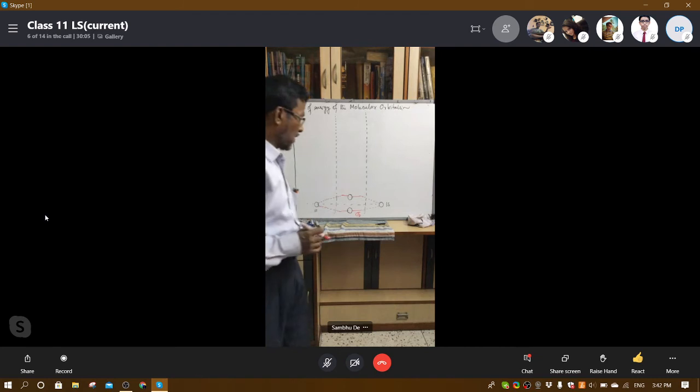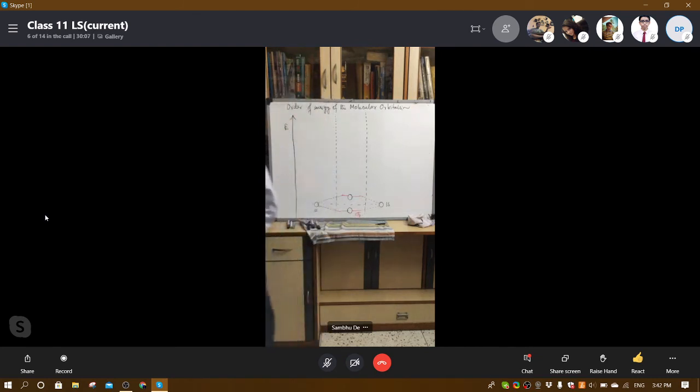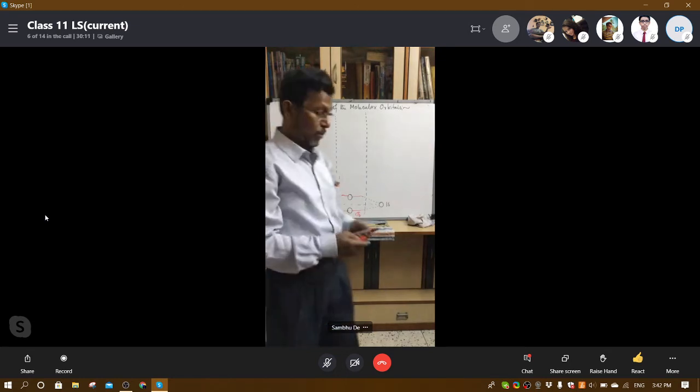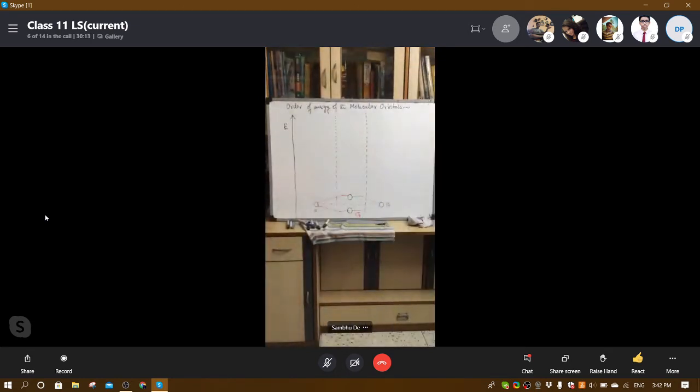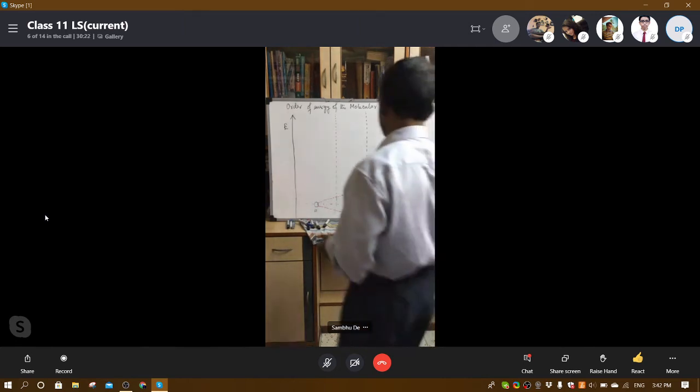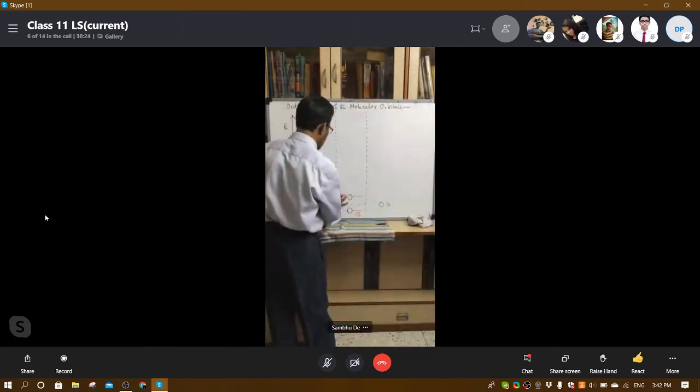I have written sigma B. It is direct overlap between hydrogen 1s 1s forming sigma molecular orbital bonding. And obviously the other one will be sigma molecular orbital antibonding.